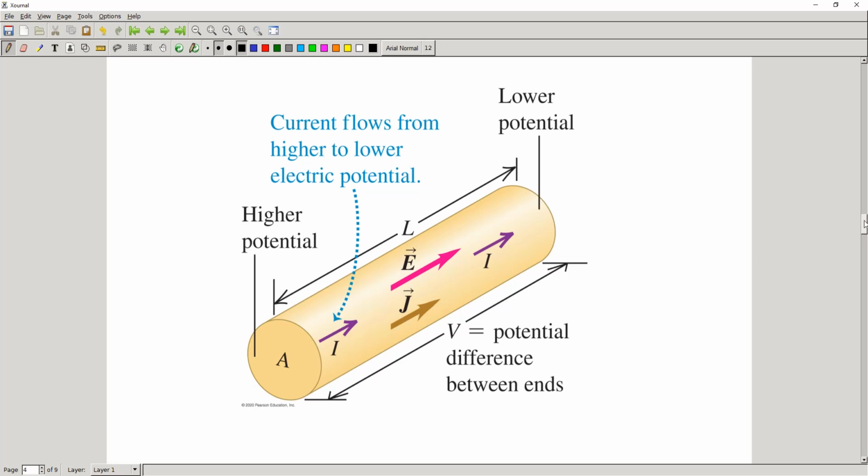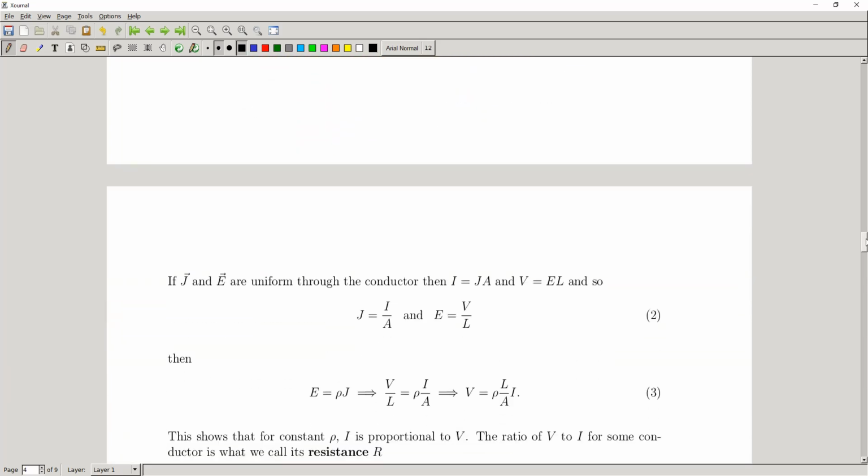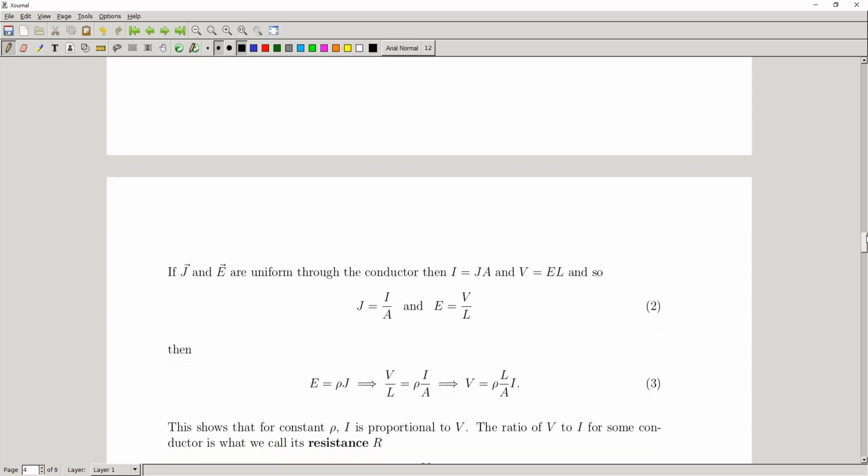Now we're trying to take these ideas of resistivity that we've written down in terms of E and J and translate them into the language of current and potential difference.